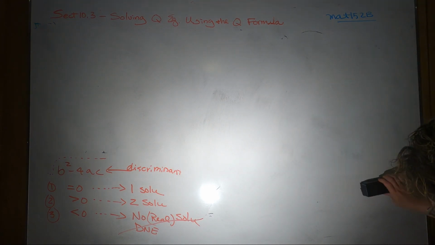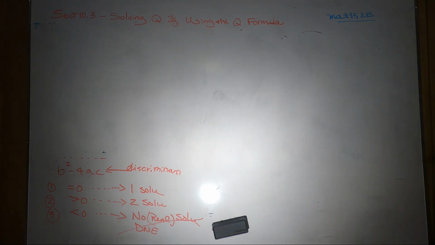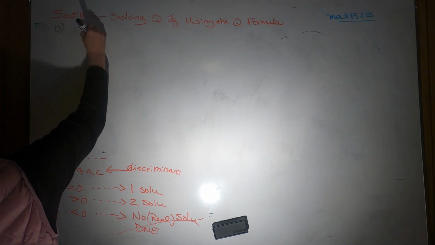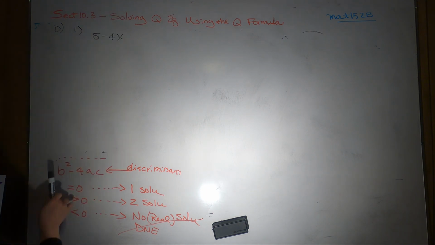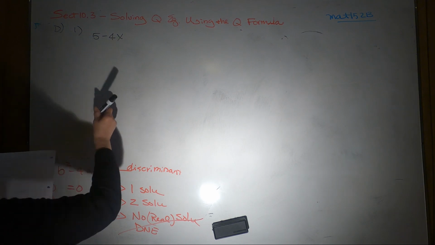If we don't have to solve it, we can just use this one to decide. So some of your homework is saying what kind of solutions you might have. And instead of solving it, we can just use the discriminant to decide, okay?